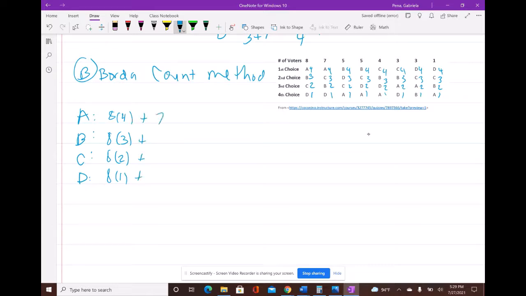Then we had 7. And then I had A is 4, C is 3, B is 2, D is 1. Then we had 5.